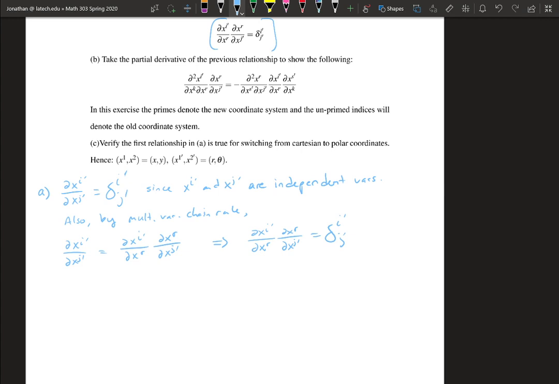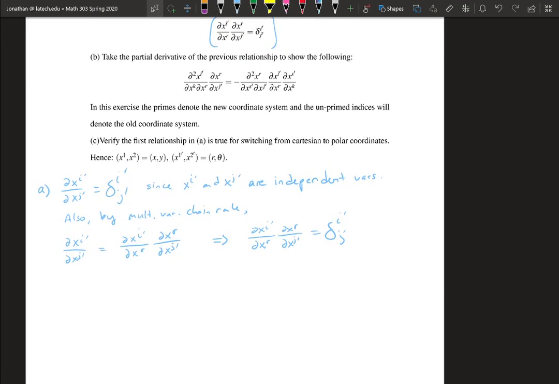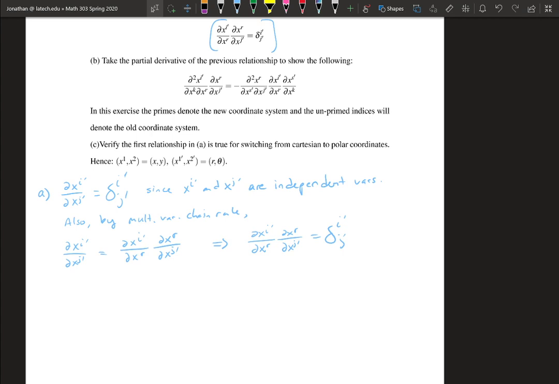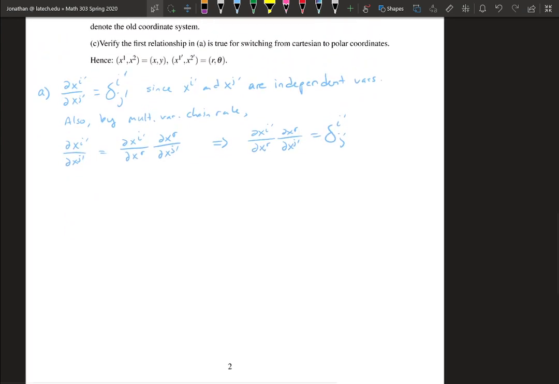Now, part B says, take the partial derivative of the previous relationship to show the following. Oh man. Well, okay. Take the partial derivative of the previous relationship with respect to xk, we'll call it. So, part B, partial xk of partial xi prime partial xr times partial xr partial xj prime equals partial xk of delta i prime j prime.